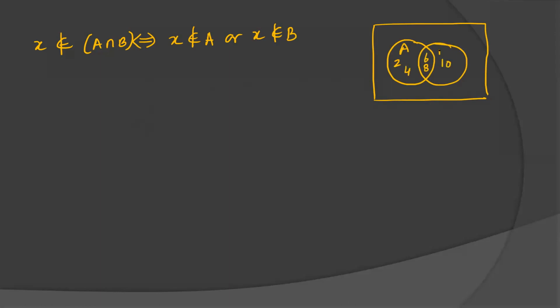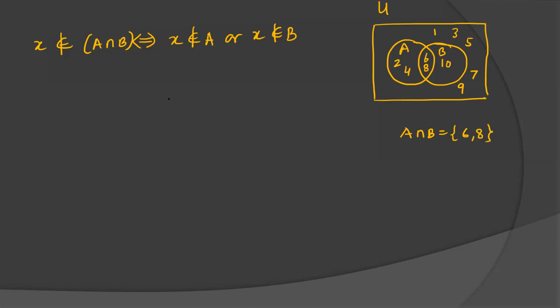Here it was 10 in B, and the rest of the elements 1, 3, 5, 7, 9 are outside A union B. In A intersection B, there are the common elements 6 and 8.